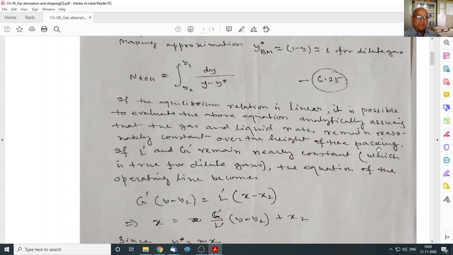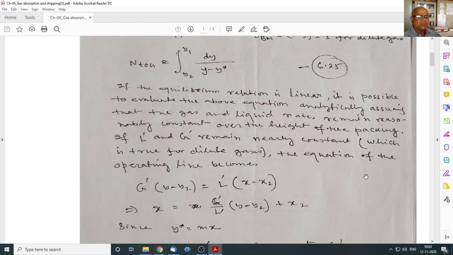So at the top you are putting 50 mole and at the bottom it is coming out as 51 mole if 1 mole transfer is there. So for dilute cases that assumption is correct, which you have to understand is true for dilute gas.